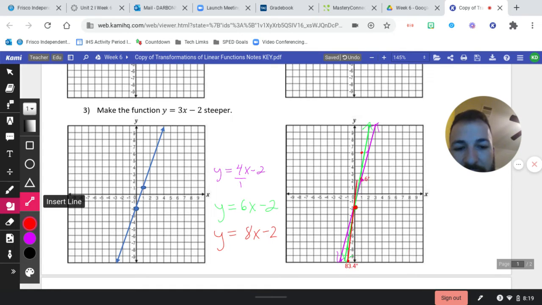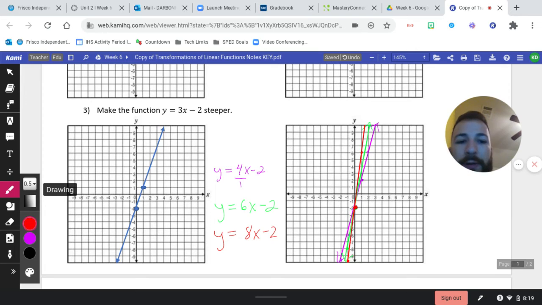So notice once again, just a little bit steeper. What you should see is that as my slope becomes a higher whole number, it becomes steeper. The same would be true if we were going in the negative direction.